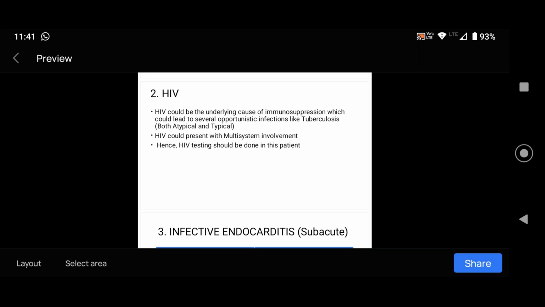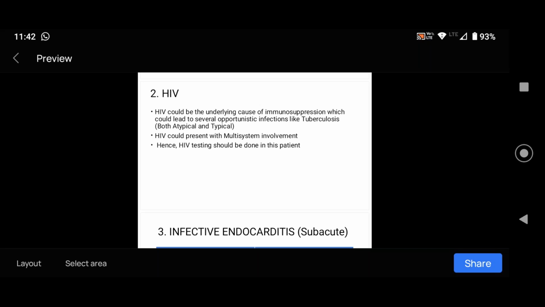Or, because the patient had a persistent fever for 1 year, in the WHO clinical staging, stage 3 has a persistent fever for more than 3 months, so that could fit in here. HIV could also have several other multi-system involvements. Not very clear, but I would really like to rule out HIV. HIV testing should be included, in my opinion, in the workup of the patient.